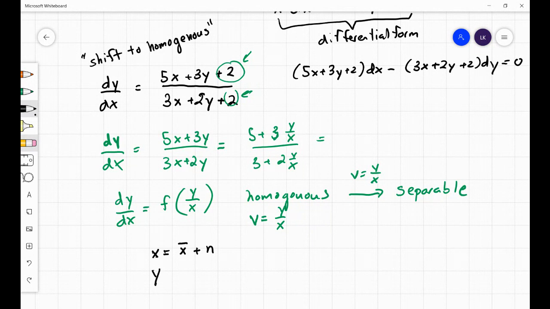Similarly, we're going to take the y and let it equal a new y that's simply shifted over by some amount.